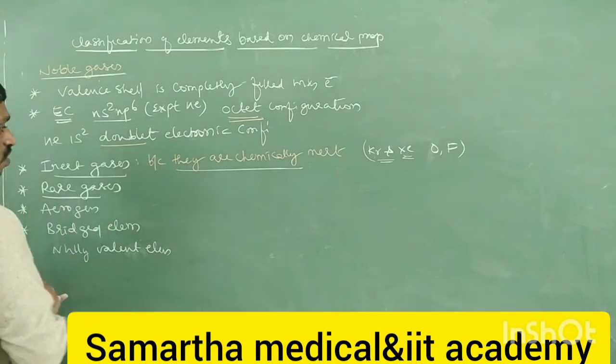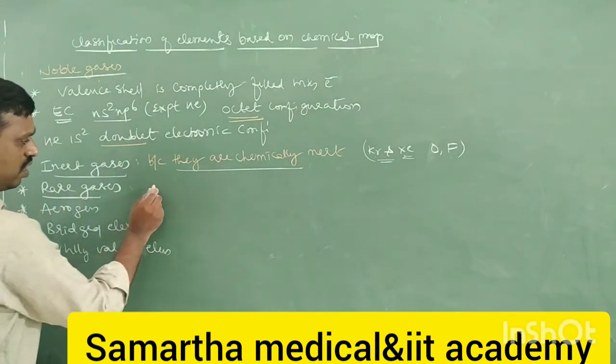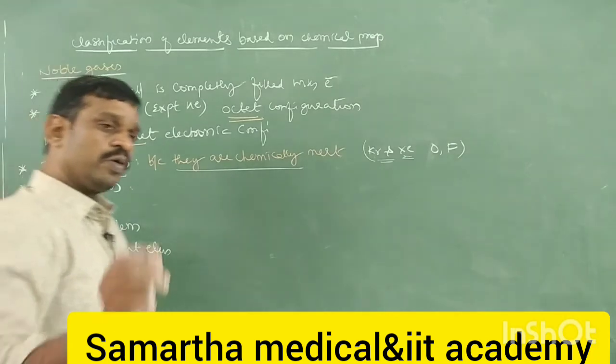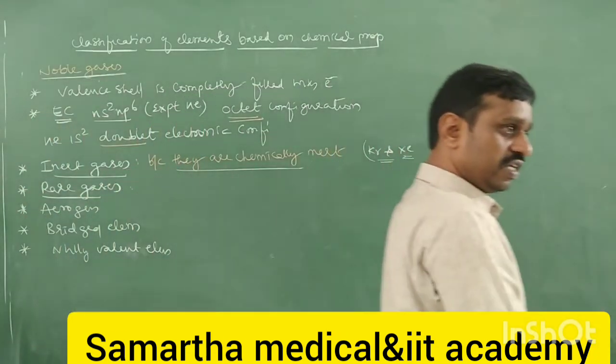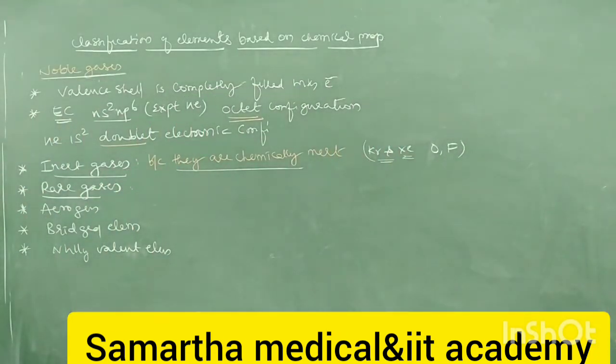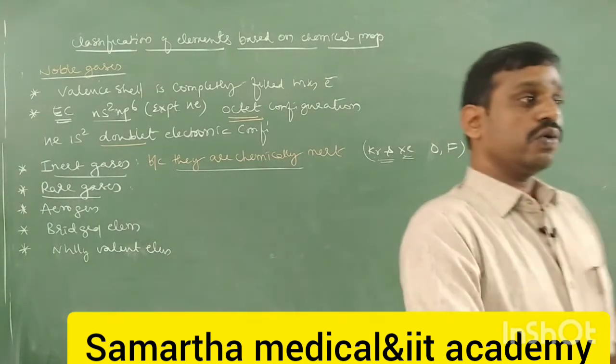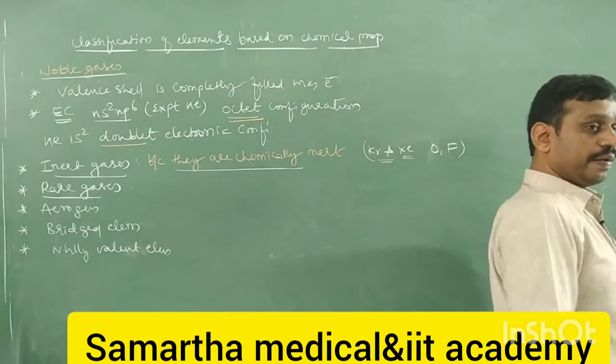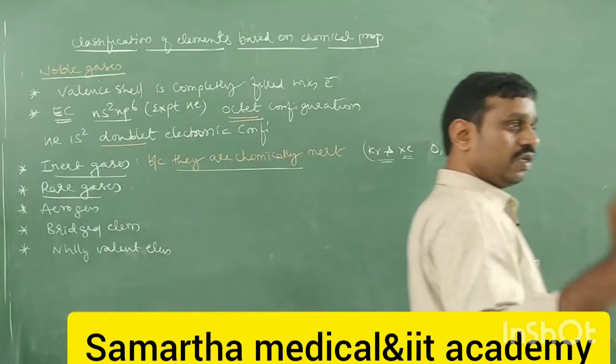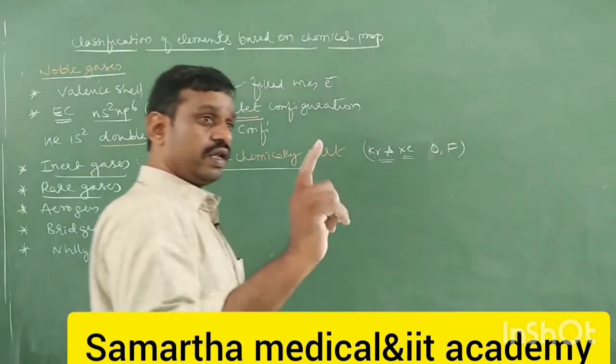Next, why are they called rare gases? Because noble gases occur in air. They do not occur in any other source. The majority occur in air, and that too only 1% by volume.